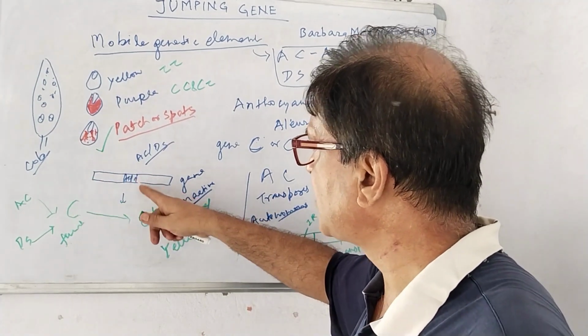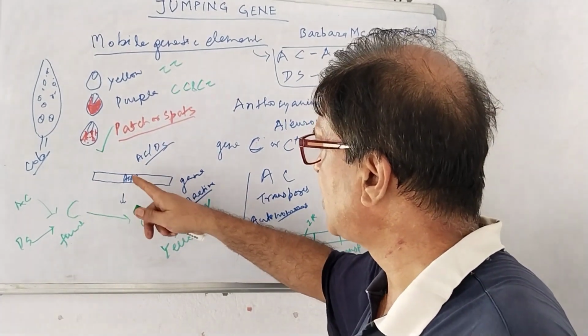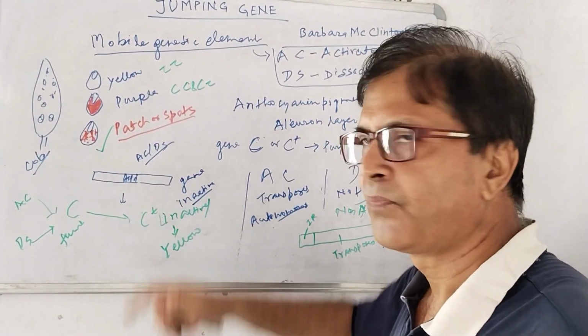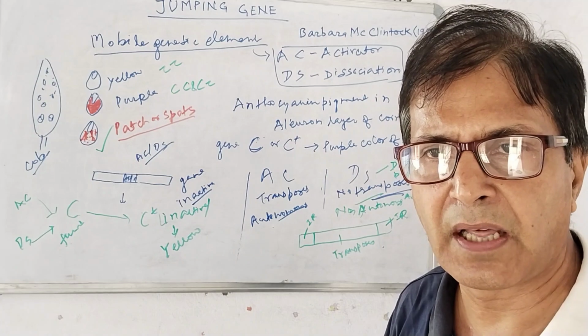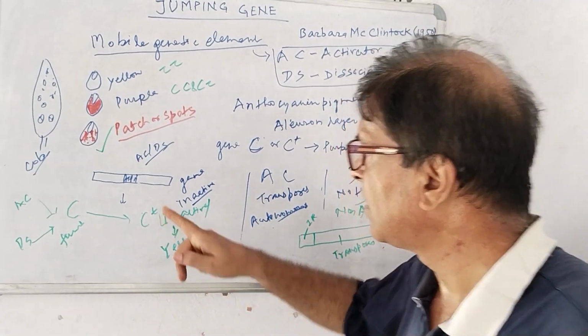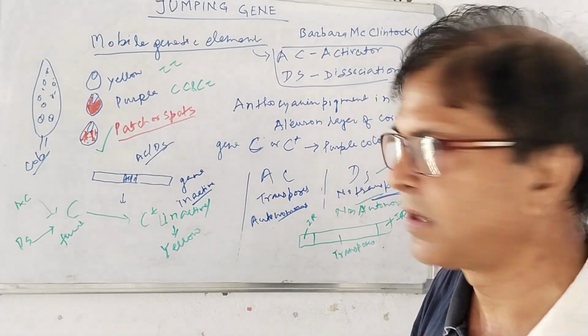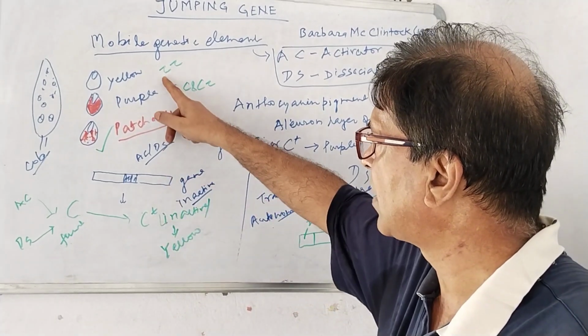When it gets inserted into this anthocyanin gene, the color stops expressing, pigments stop forming, and this results in yellow color.